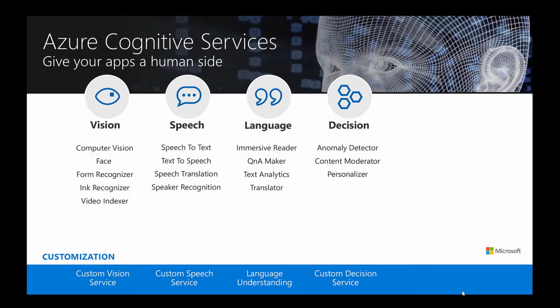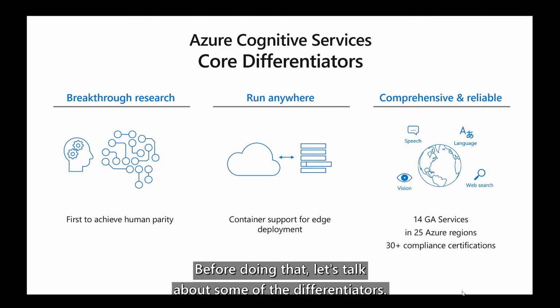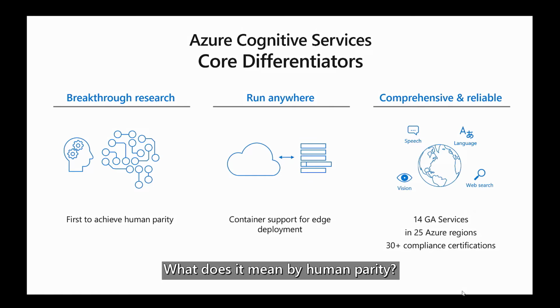Okay. And we are going to talk about text analytics. So I'm going to do a deep dive into it. You will see a lot of demos, and I'll also talk about what's new. So before doing that, let's talk about some of the differentiators, right? So a lot of these services actually have reached human parity. And so what does it mean by human parity?